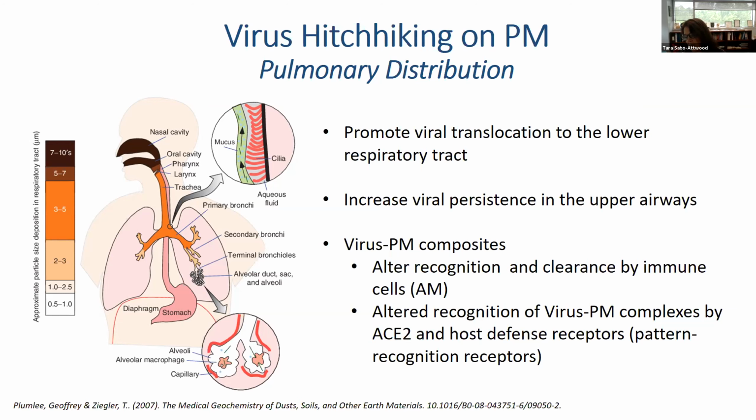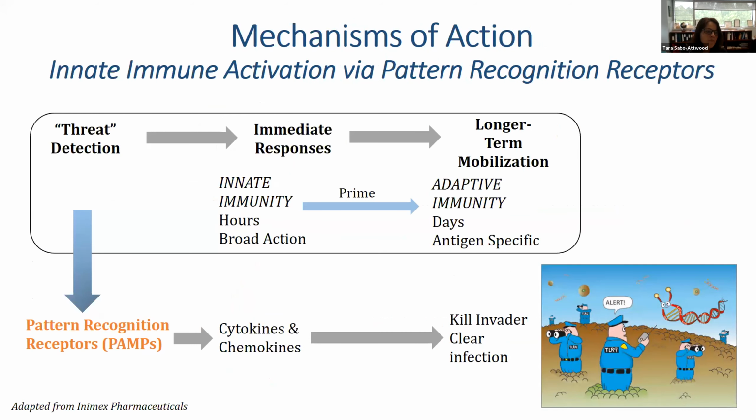Or to go one step further, altering how the body's normal immune defense system sees this complex. Those are just some ideas to think about. There's lots of scenarios there, but these are some of the primary ones that I think people are interested in investigating with respect to these virus-PM complexes.